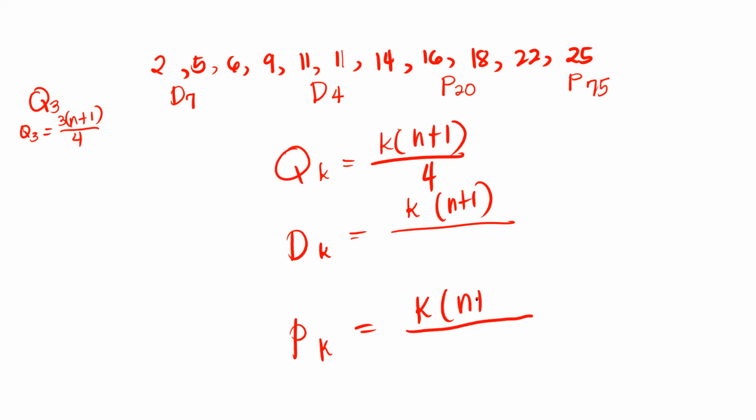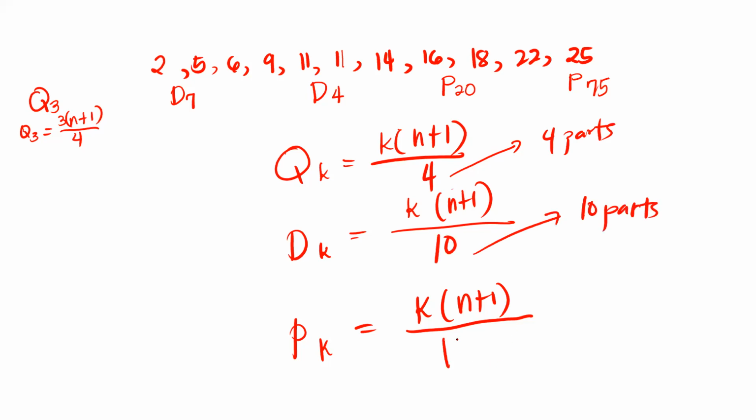But since the quartile is divided into 4 parts, we divide by 4. The decile is divided into 10 parts, so the denominator is 10. And the percentile is divided into 100 parts, so we divide by 100. What do they have in common? All of them have n plus 1. Then we are going to look for a certain number.